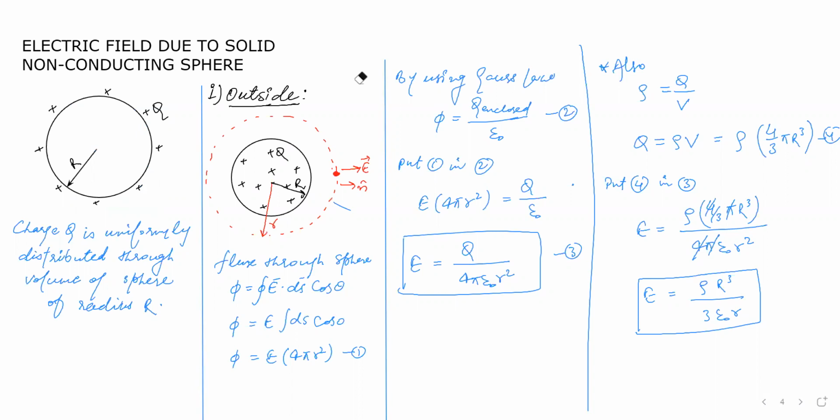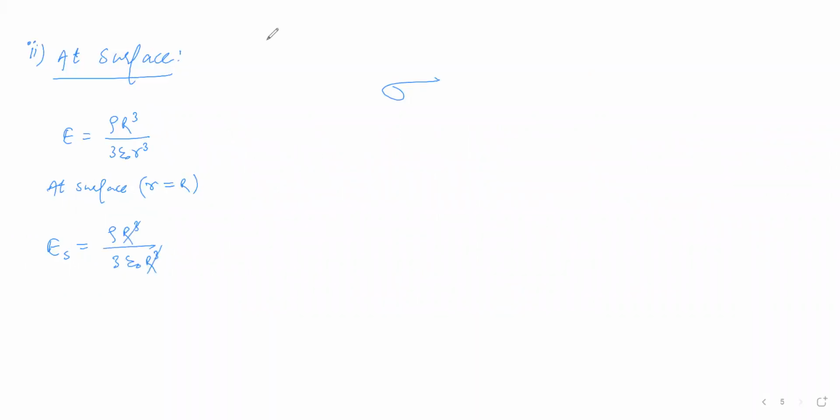This is the square, not cube. Make the correction. Finally, you get E S is equal to rho R over 3 epsilon naught. Note it down, please.